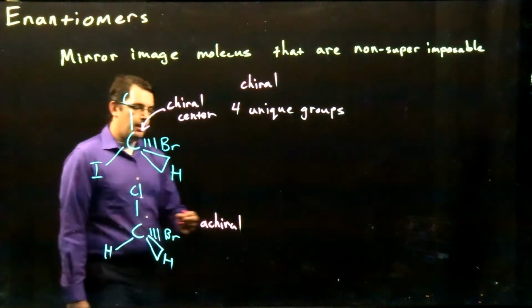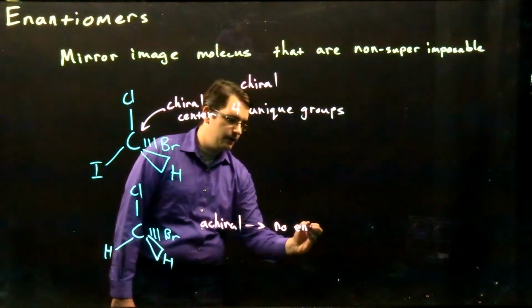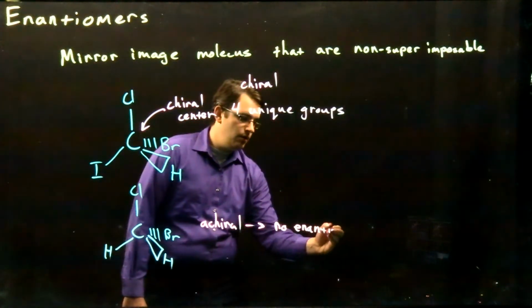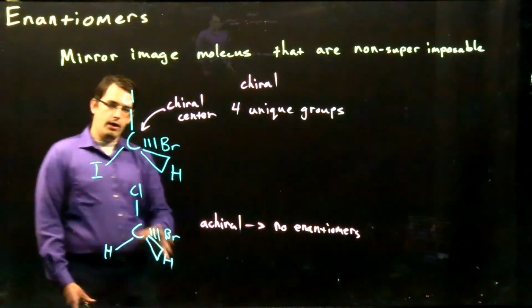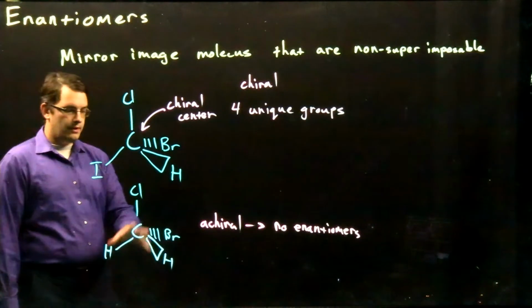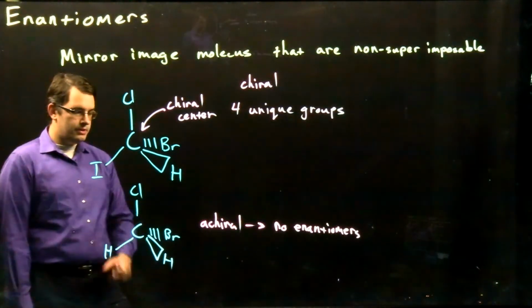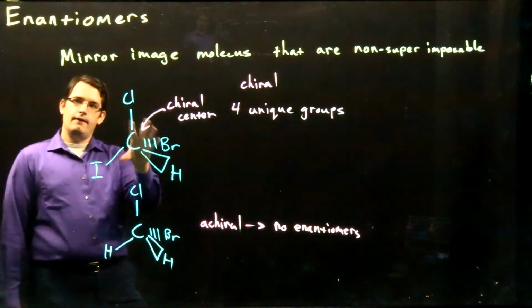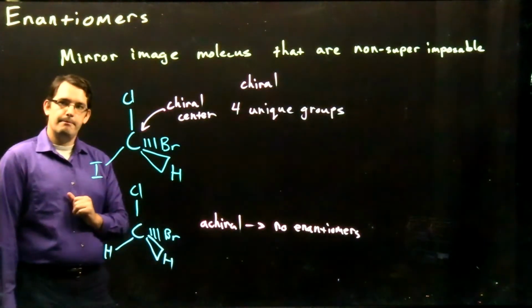With an achiral molecule, I'll always have no possible enantiomers. And so I really only have my one isomer, right? There's no other way that I can rearrange that to create a unique mirror image, since I don't have that asymmetry that is associated with my chiral molecule up here.